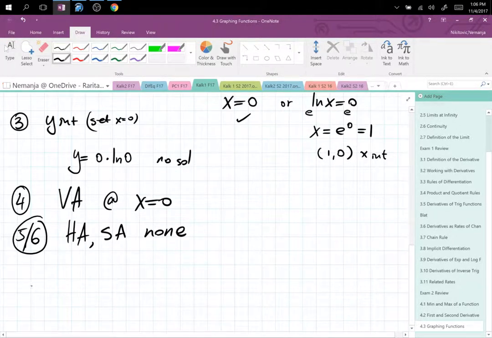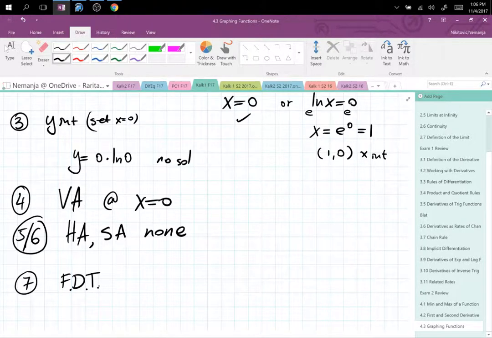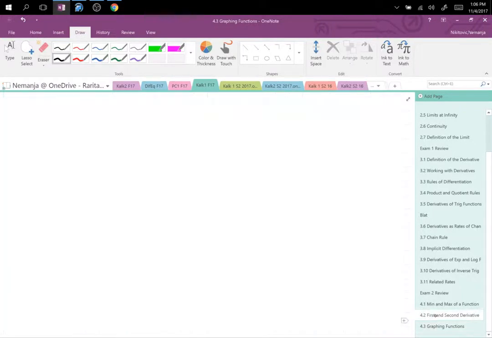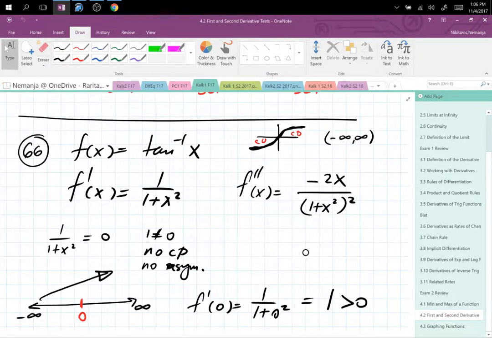Now we have the first derivative test, number 7. That was already done, so I'm going to steal the results from the previous lecture.